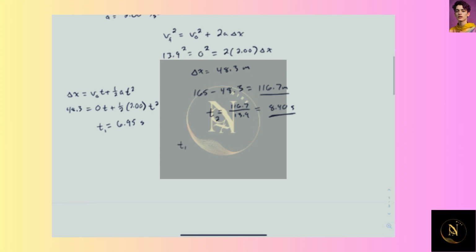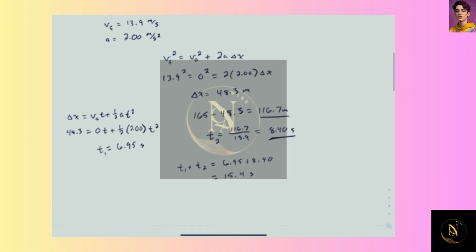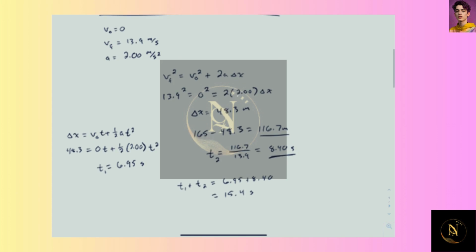And so t1 plus t2 is 6.95 plus 8.4. And this gives us about 15.4 seconds. And that's longer than 13 seconds.